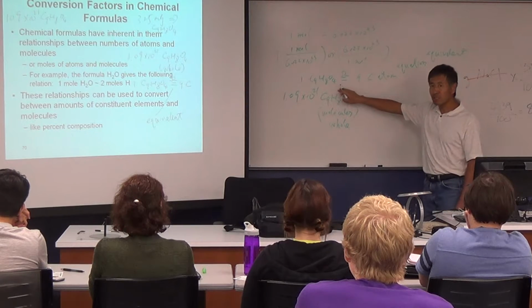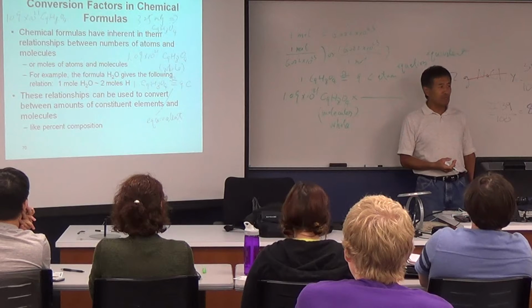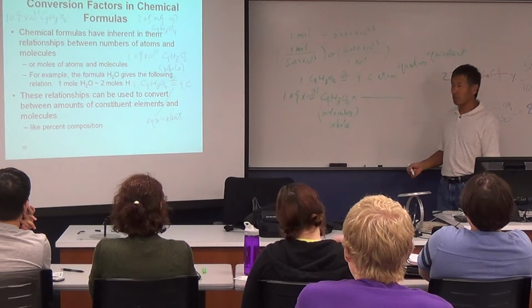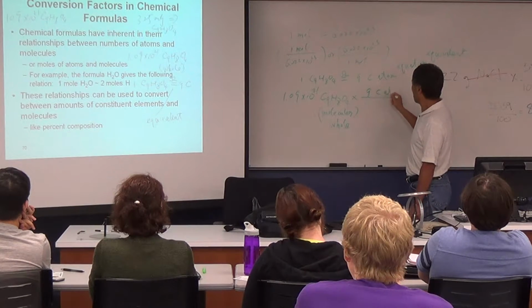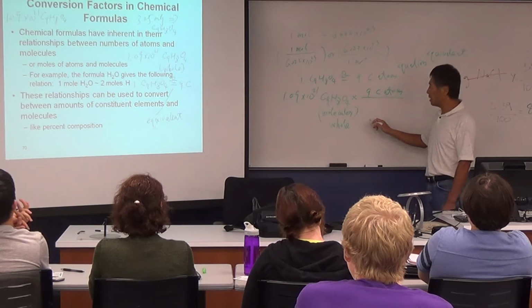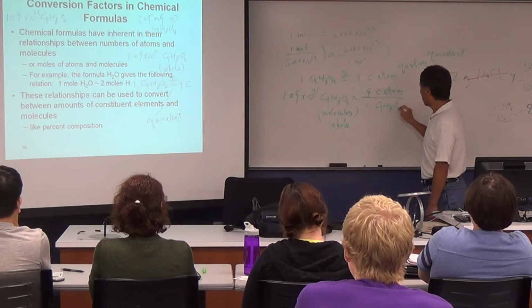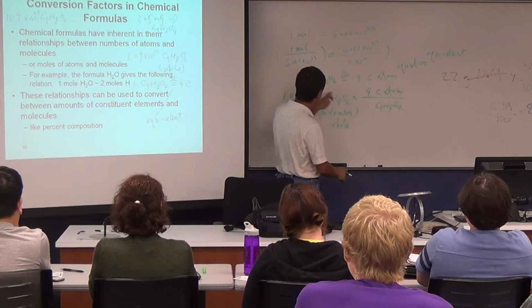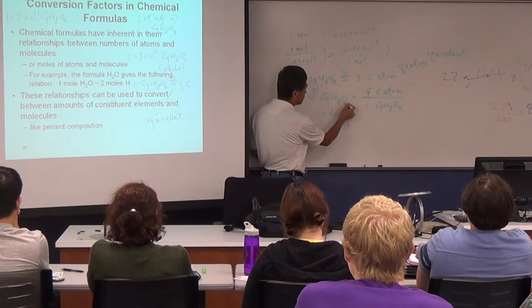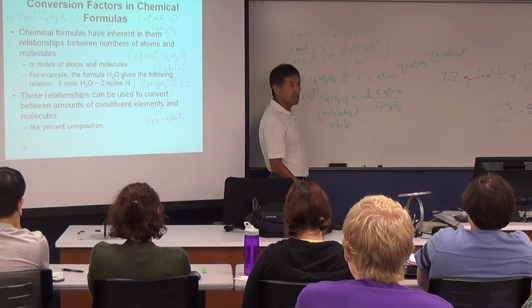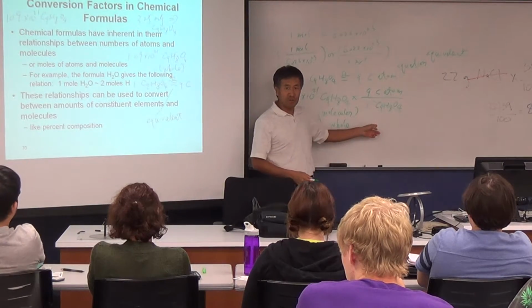Remember, whenever we have an equation, you have 2 fractions. So what fraction shall we use? Carbon atom over 1. Yeah. So you have 9 C atoms on top, then you have 1 C9H8O4 molecule on the bottom, because you already have this, so this will cancel out.